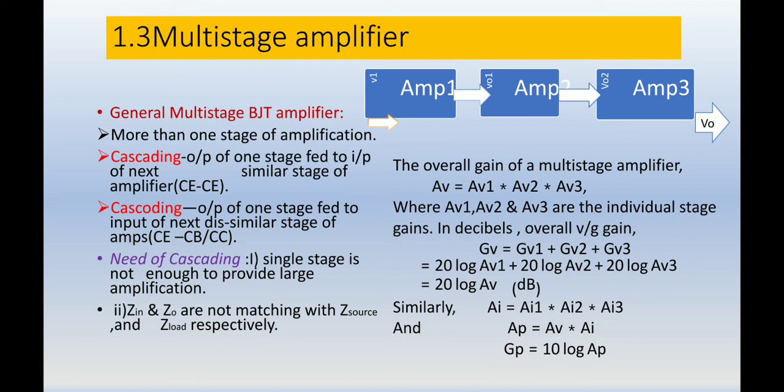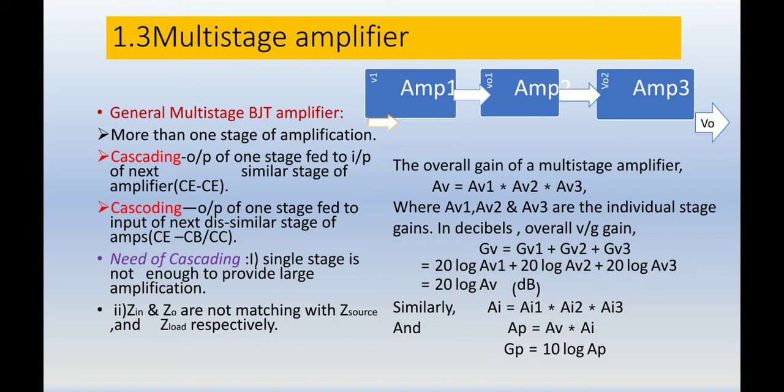For example, if a common emitter amplifier is coupled with another common emitter amplifier, it is called cascading. And if a common emitter first stage is coupled to a common base or common collector second stage, then it is called cascading.